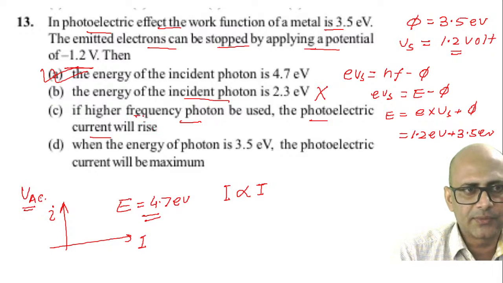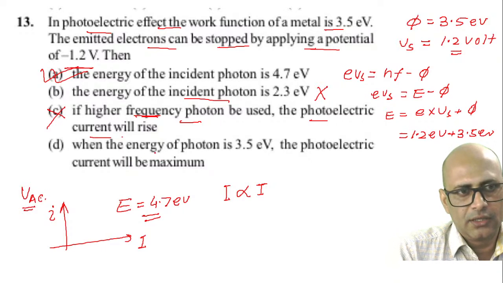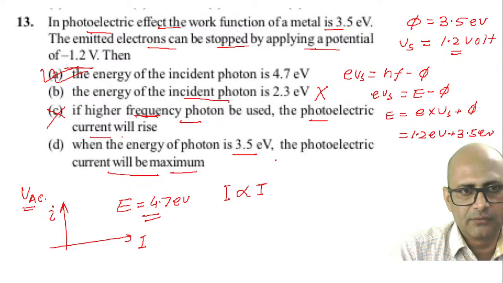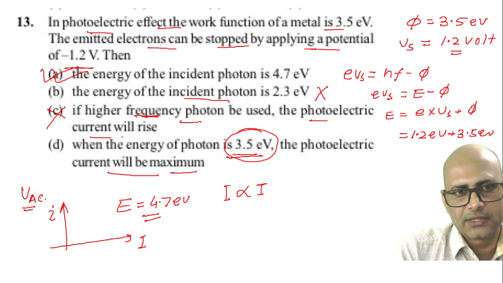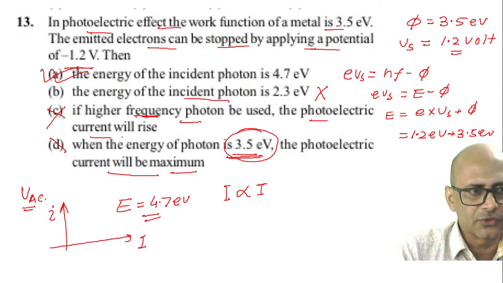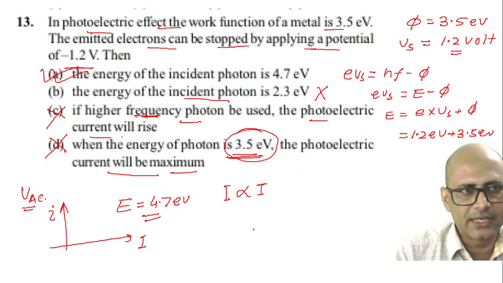So if you increase the frequency, the current will not increase. Another option says when the energy of the photon is 3.5, the photoelectric current will be maximum. This is also wrong, because the photoelectric current depends upon intensity. It has nothing to do with the energy of the photon. So the correct answer is A.